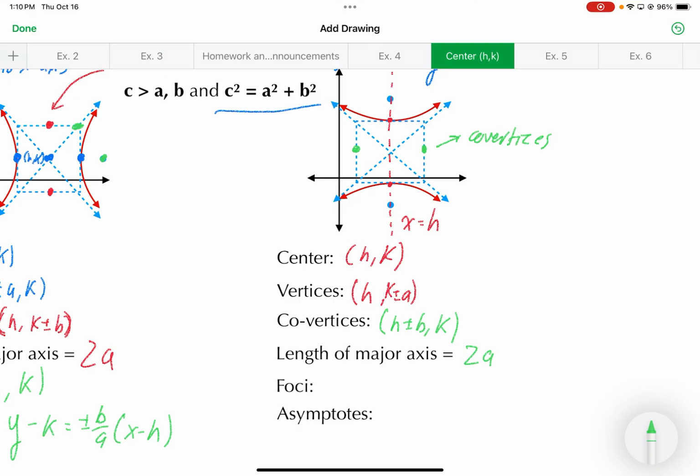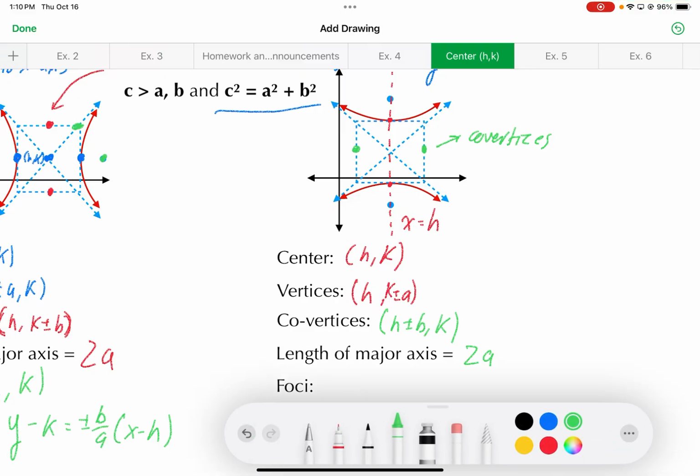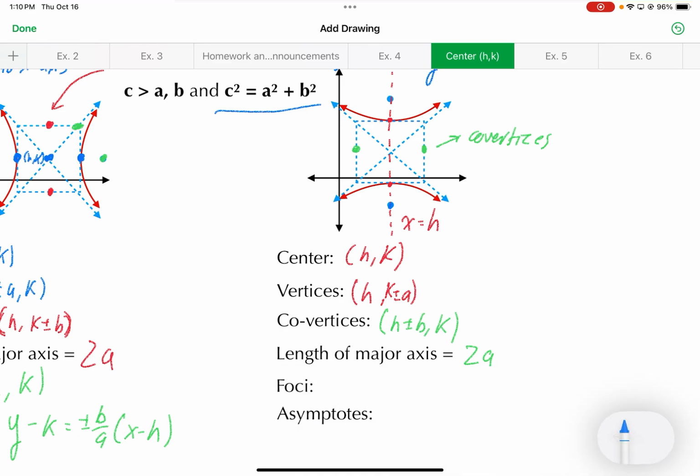Let's talk foci. So those are then going to be on our vertical line. Those are our blue values up there. Speaking of k, that's what we're going to have to add and subtract with c, right? So my foci are still going to have an x value of h, and then my y value is going to be k plus or minus c.